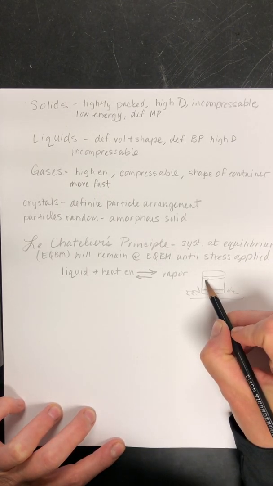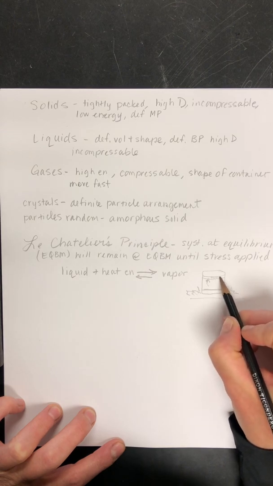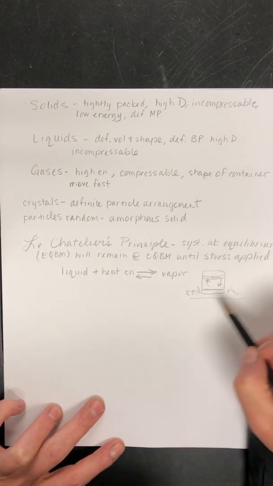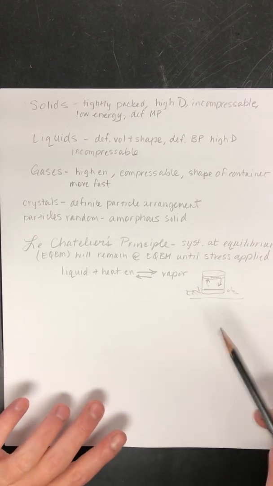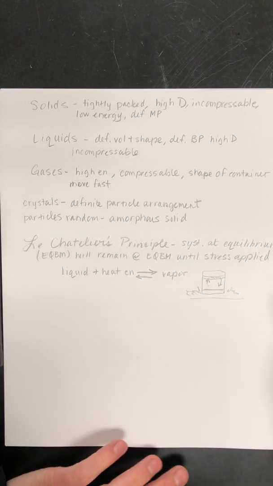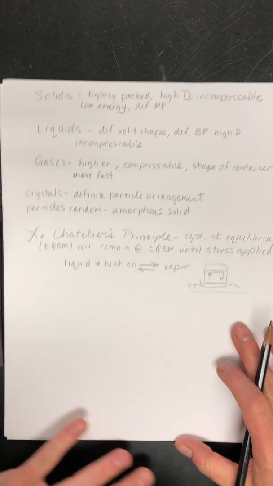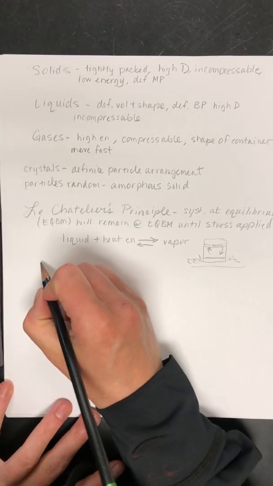This should go up, make vapor that's going to condense, come back down as rain, and it will just continue to do that all the time as long as there's heat energy and there's a liquid and it's in a closed container. If you take away any of that stuff, then you'll get what's called an equilibrium shift.